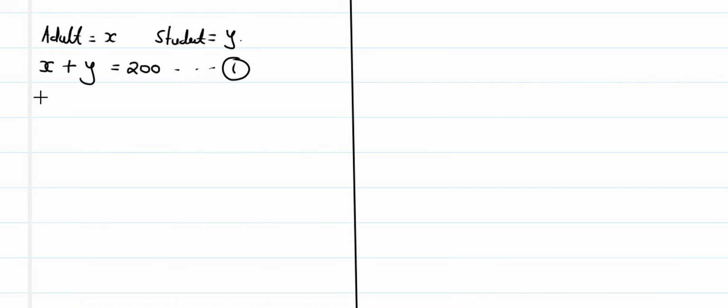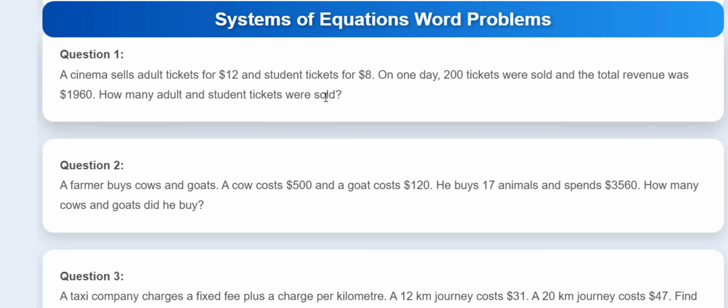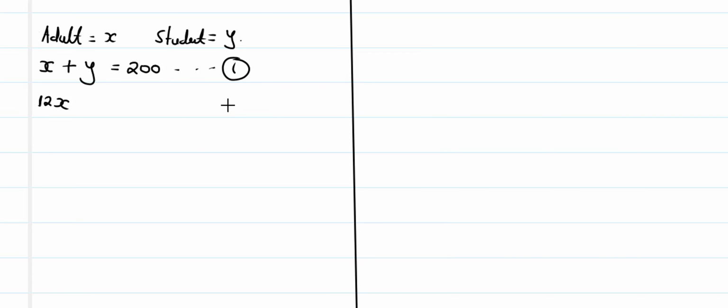It should be 12 multiplied by X. So the total for adult tickets was 12X. Then for students, we are told each ticket is $8, but we already know student tickets are represented by Y. So the total amount for these student tickets will be 8 multiplied by Y, which is 8Y.